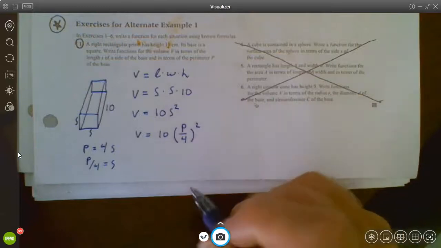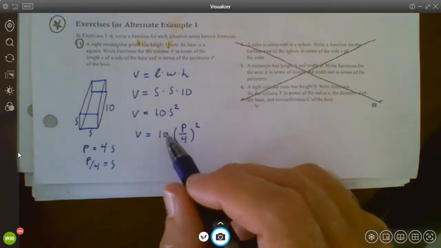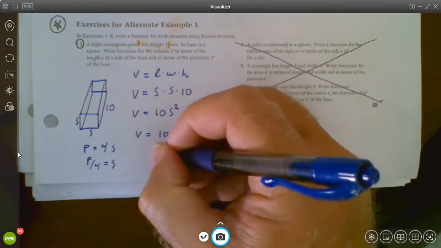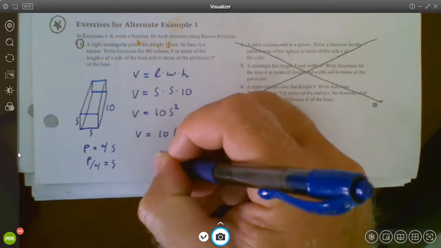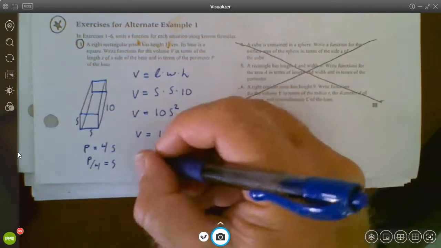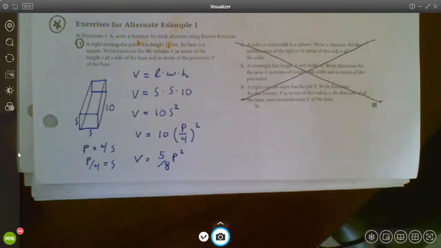We know our 4 squared is going to be 16, so if we reduce our 10 over 16 to just 5 over 8, and maybe we would even write it this way. So there's our volume in terms of its perimeter of the base. So let me flip over.